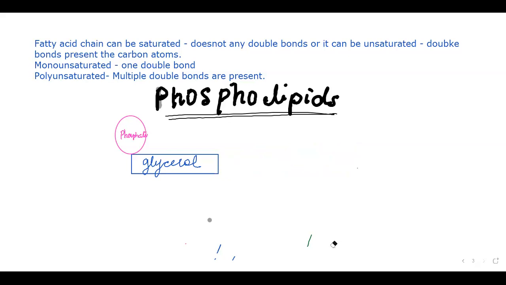Two of the OH groups are going to be involved in making an ester bond with the fatty acids. The other OH group is going to be involved in making a bond with the phosphate group. So this is a phospholipid. That's why the name is phospho, because it has a phosphate element incorporated in the molecule.